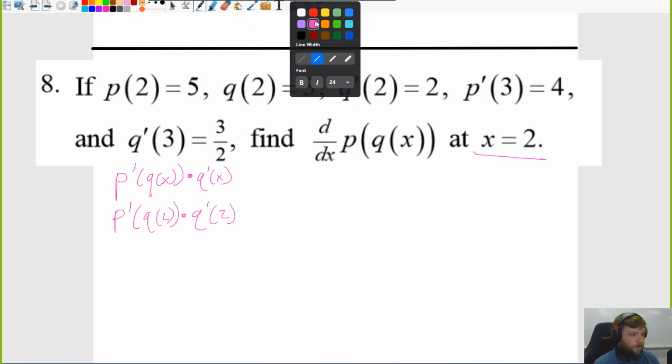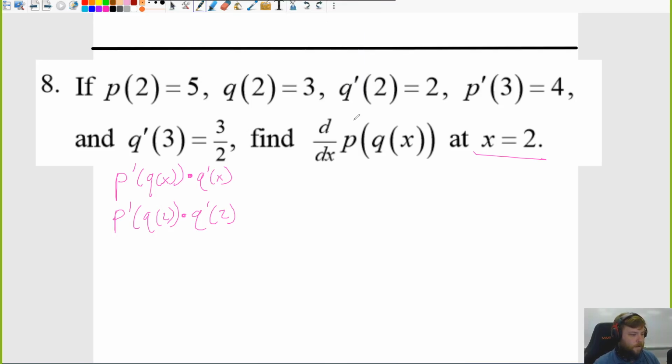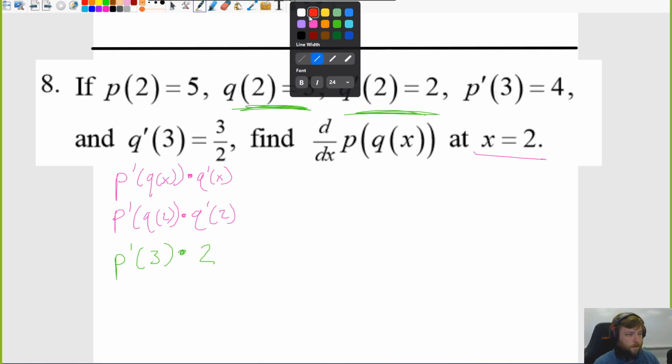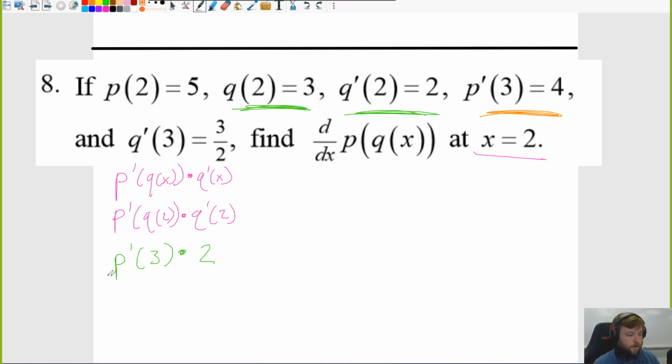So what's q of 2? Q of 2 is going to be right here, is equal to 3. This is actually going to be p prime of 3, and q prime of 2 is 2. Boom, boom, boom, boom. And p prime of 3 is going to be this one. So it'll be 4 times 2. My answer is 8.